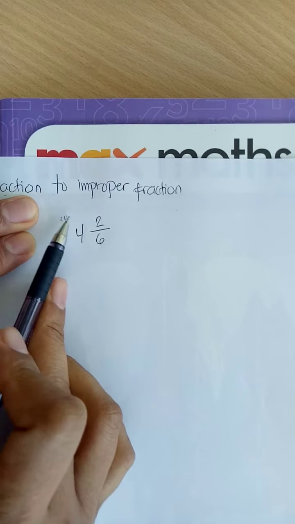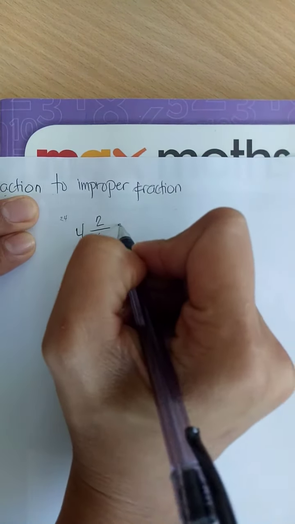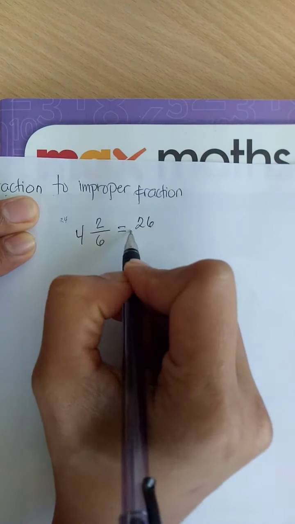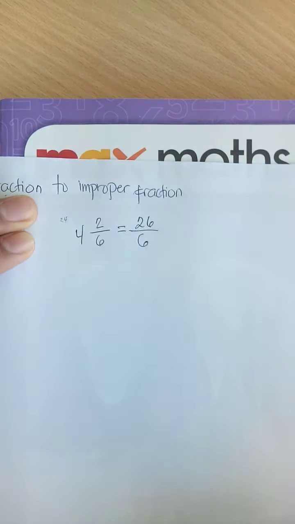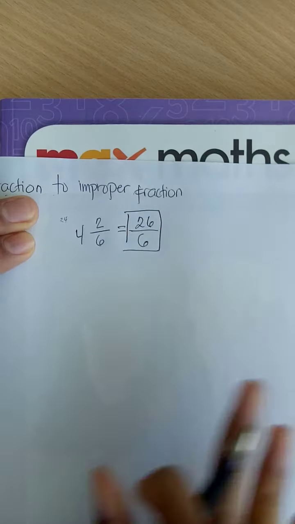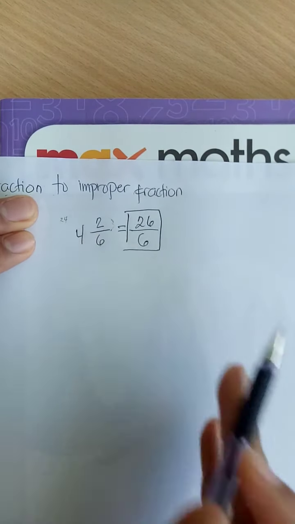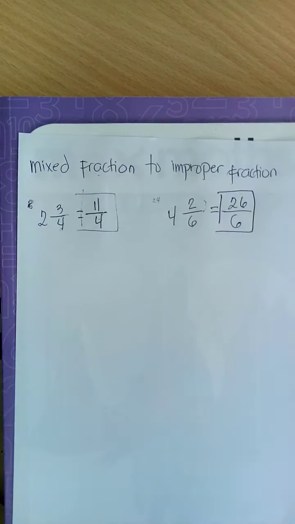So 24 you're going to add to the numerator. 24 plus 2 equals 26. So 26 is our numerator, and for our denominator you just copy 6. So this is our final answer. You don't have to simplify it. I'm just asking you to convert a mixed fraction to an improper fraction. So that's our answer. Simple as that.